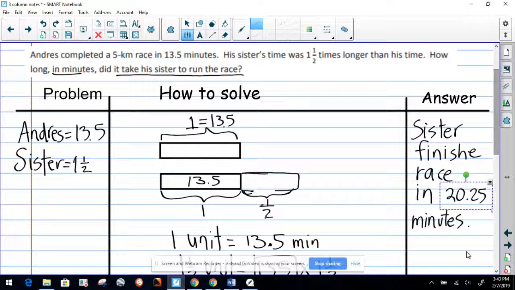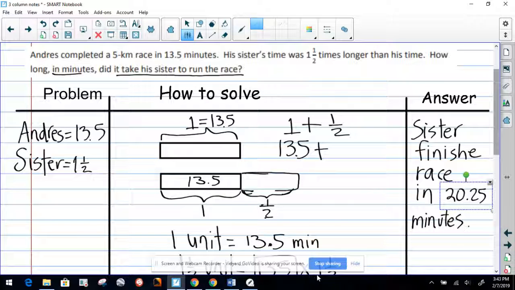You know what? Let me just show it to you here. So, if you wanted to solve it quickly, all you had to do is 1 plus half. So, what was his time? 13 and 5/10.